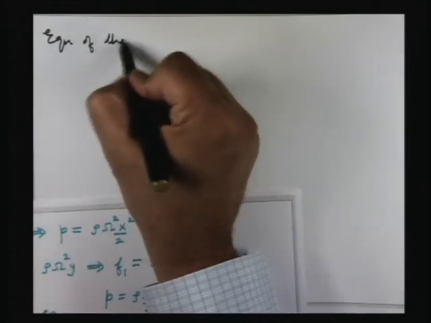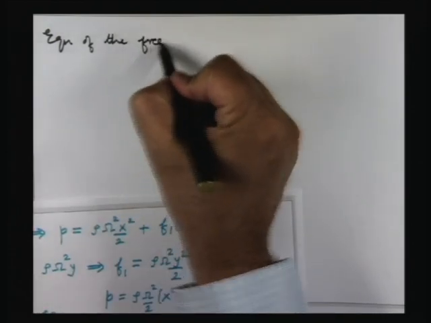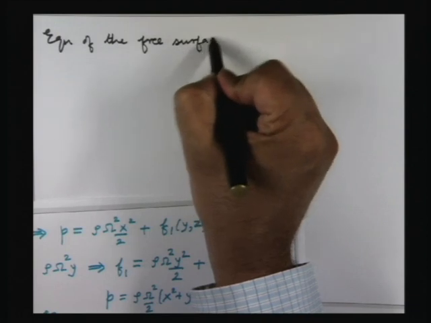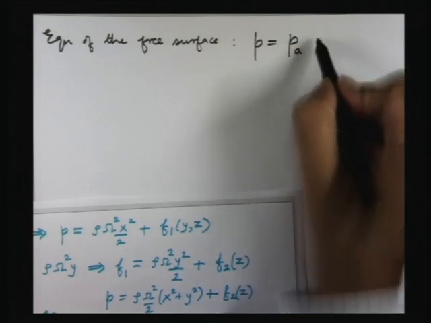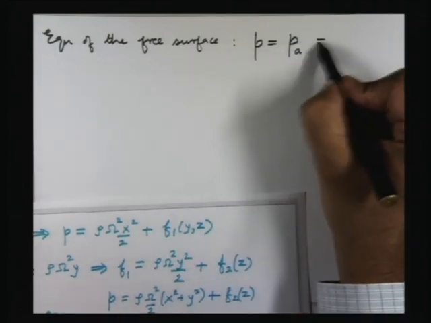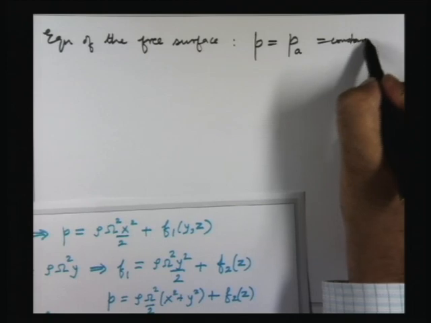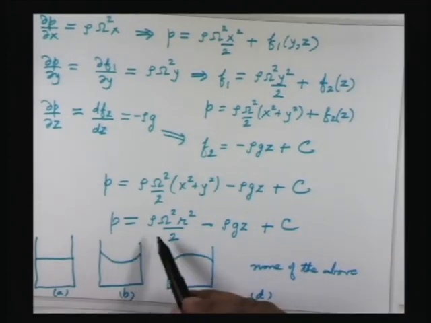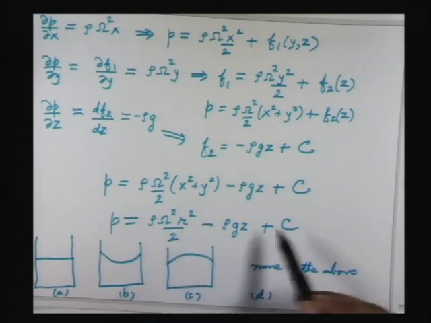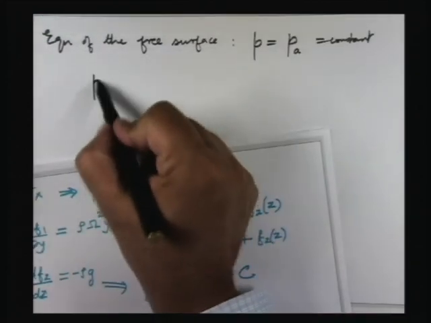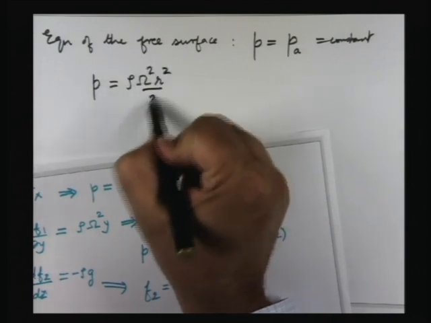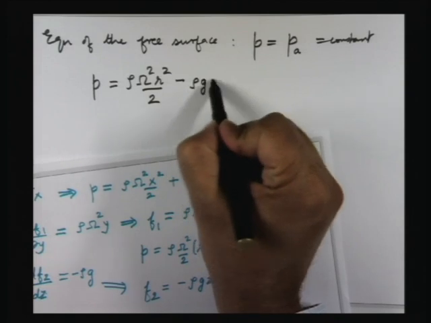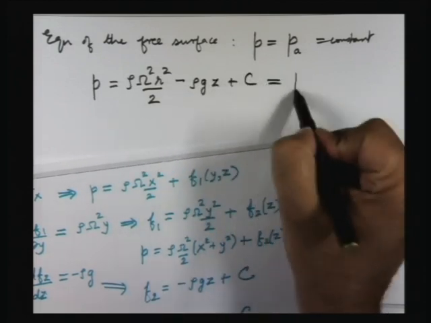On the free surface, P is equal to PA, or P atmospheric, which is a constant. Now what we found was P equal to rho omega squared r squared by 2 minus rho gz plus a constant. So P is equal to rho omega squared r squared by 2 minus rho gz plus C equal to PA.